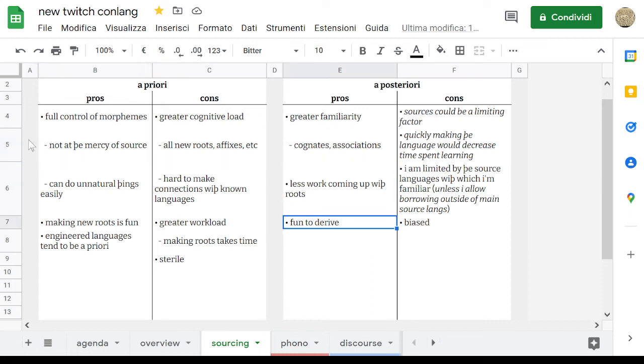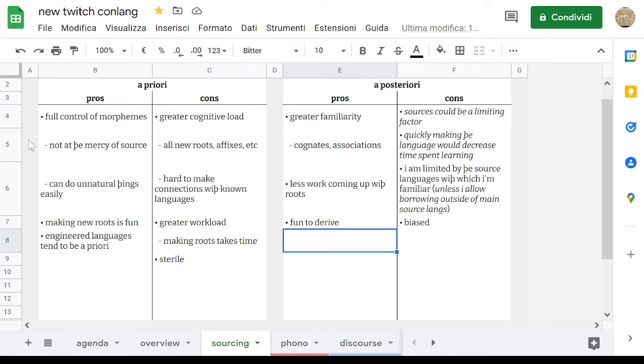So I am starting to think that the pros of a posteriori outweigh the cons, and I would just want to think of ways to overcome the cons. Whereas with a priori, the cons feel like a lot for the kind of goal I have, despite how much it seems like the natural choice for an engineered language. It's the kind of engineered language that's really motivating my choice here.